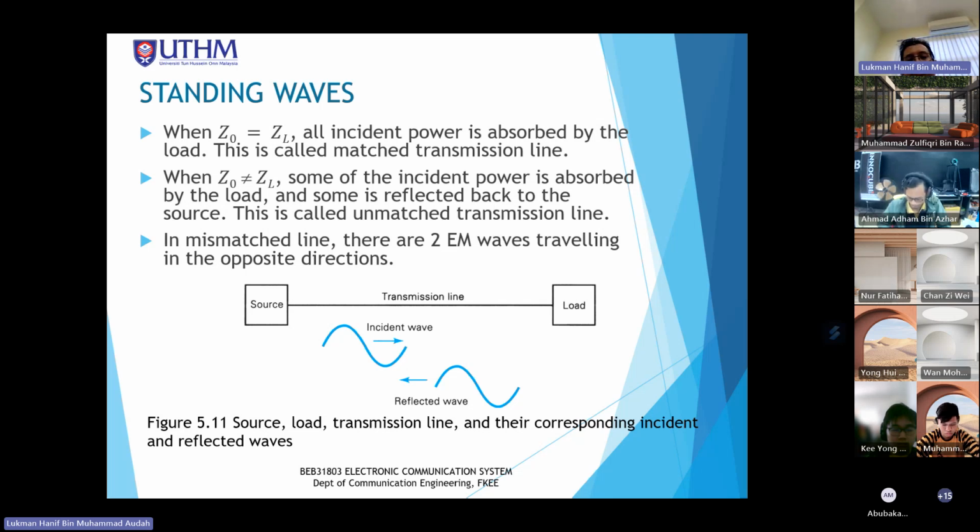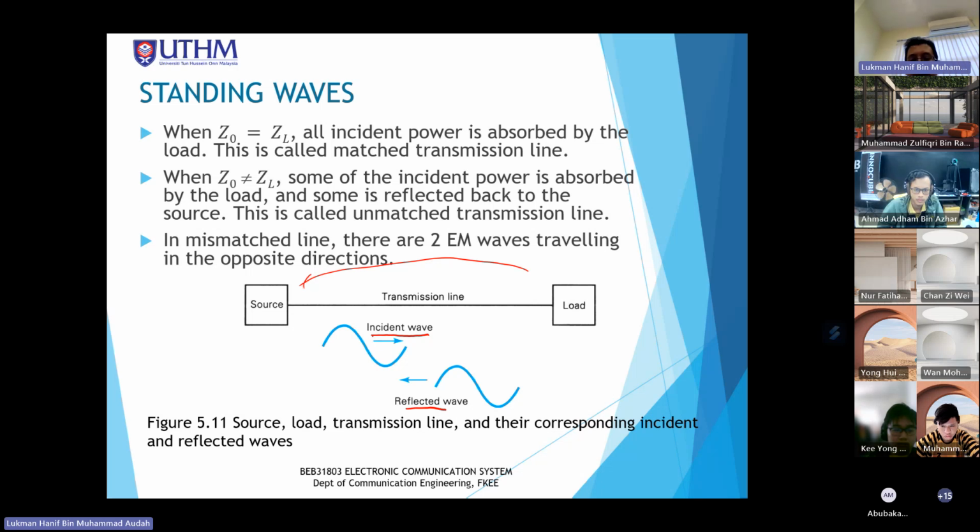It shows the source and the load connected using a wired transmission line. The wave that travels from the source to the load is called the incident wave, and the wave that travels from the load to the source is called the reflected wave.